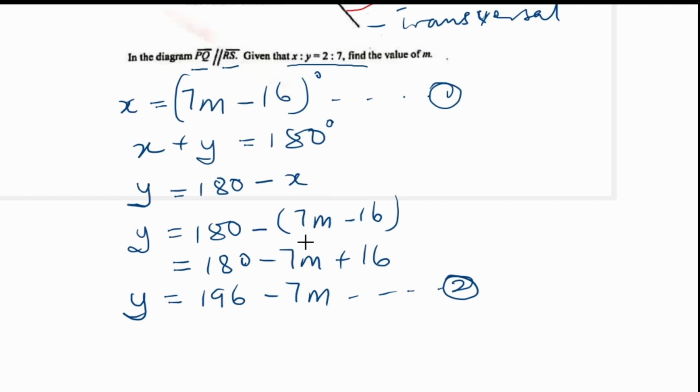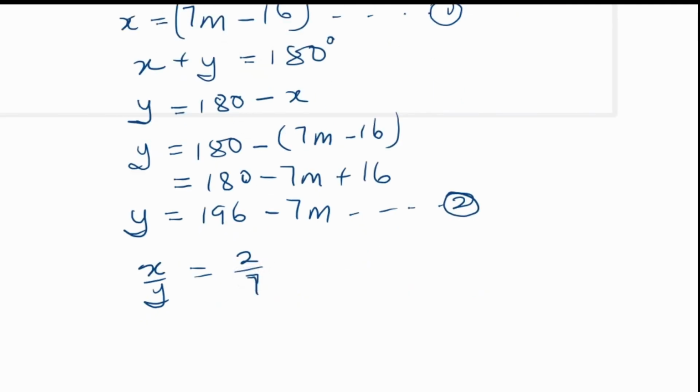The original question says that given that x to y equals 2 to 7, it's a very important information for us to use. Ratio is the same as division, so x to y can also be written as x over y, and that will be equal to 2 over 7.